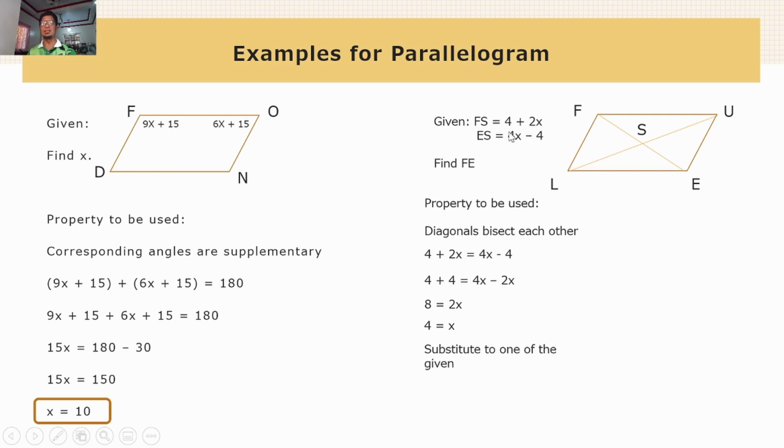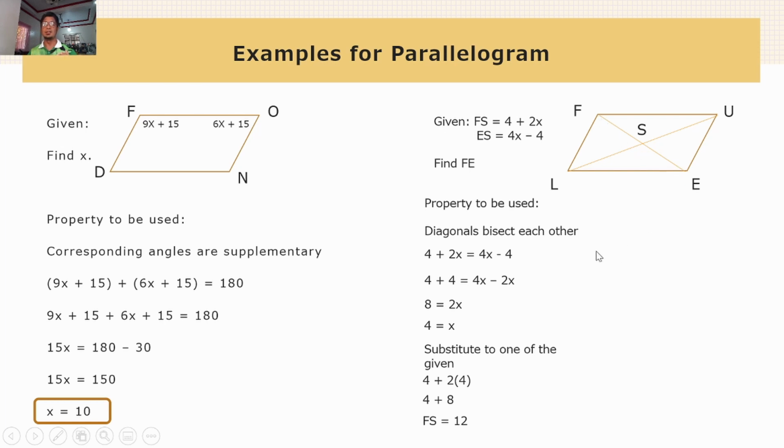So halimbawa, dito ko naisipan, 4 plus 2x. So that is 4 plus 2 times 4. So instead na x, 4 yung ginamit ko because that is the value. So we will be having 4 plus 8 and Fs is equal to 12. Ngayon, yung Fs po natin, ito lang, kalahati lang. At ang hinahanap, yung kabuuan.